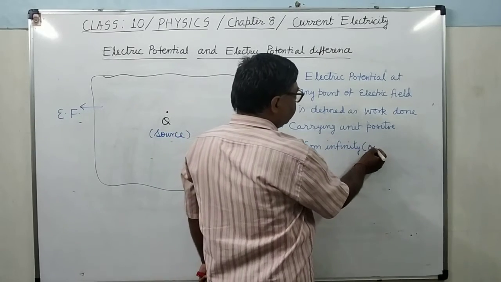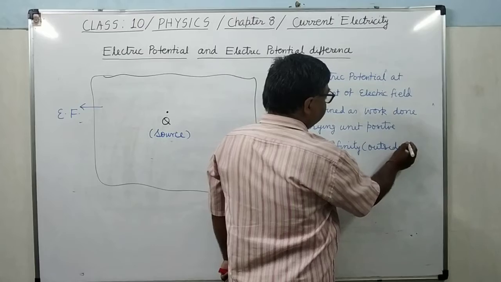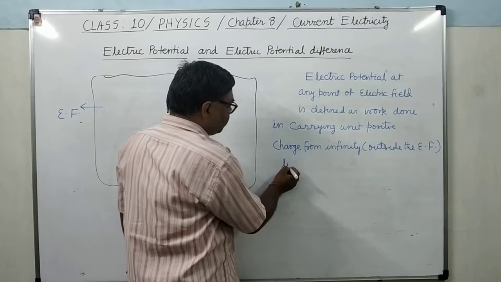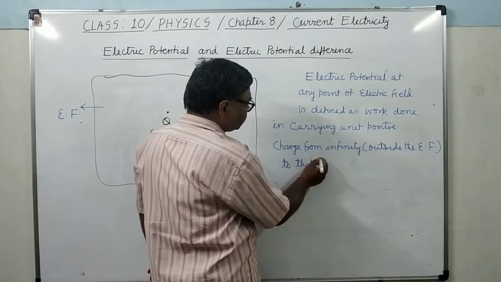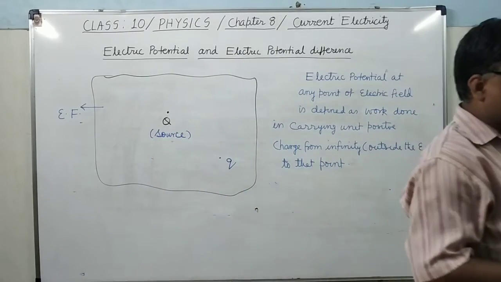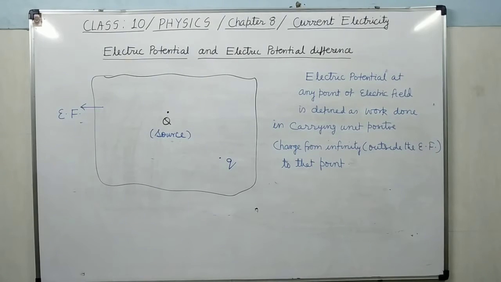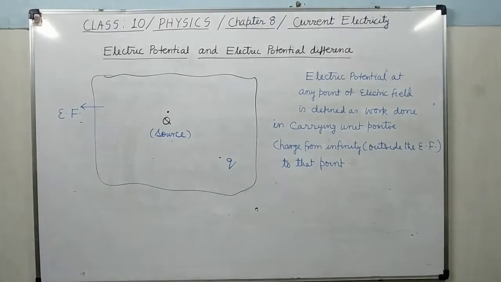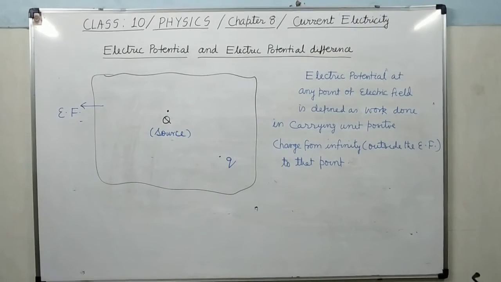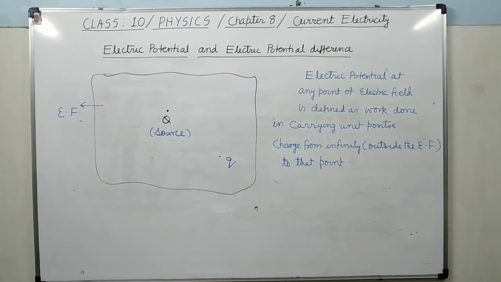Infinity means outside the electric field. From infinity to that point. First you read this and go at its meaning. You can see here what is electric potential at any point of electric field. It is equal to work done in carrying unit positive charge, that is 1 coulomb charge, from infinity, that is from outside the electric field, to that point.